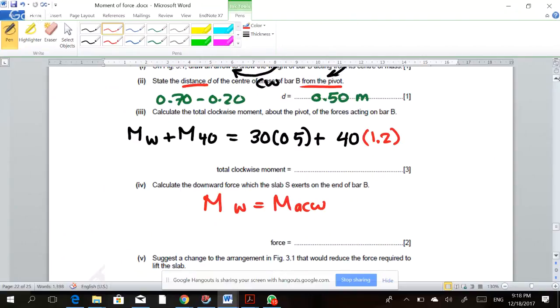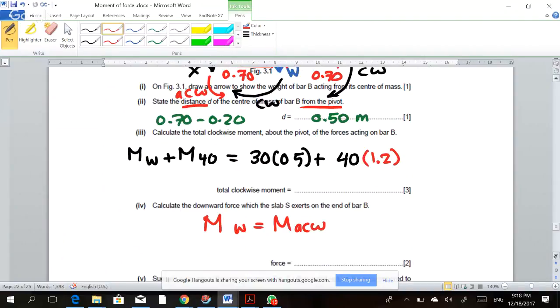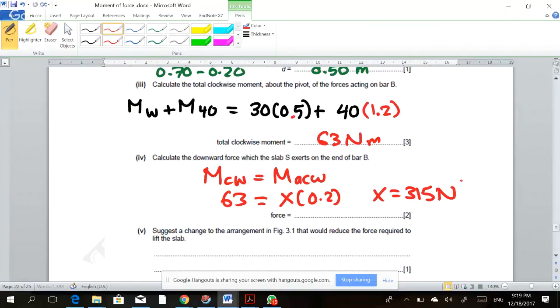The slab, as we mentioned before, makes, if you move your finger in the same direction of the force about the pivot, an anti-clockwise moment. The clockwise moment of 63 newton meters equals the anti-clockwise moment, force F or X, whatever, times 0.20 from X to the pivot. So this force X equals 315 newtons.